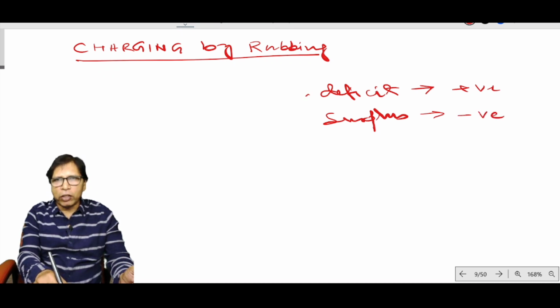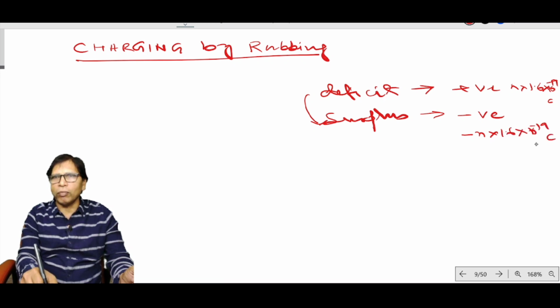If n number of electrons are transferred from this body to this body, then the charge in this body is n × 1.6 × 10^-19 coulomb, and the charge in this body is minus n × 1.6 × 10^-19 coulomb.